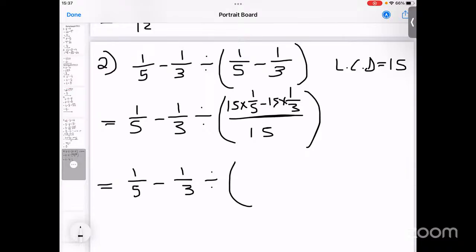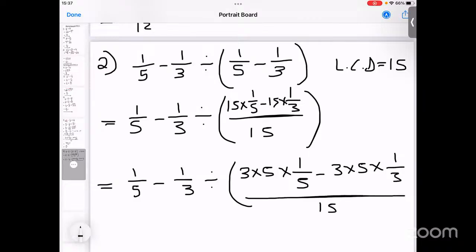Definitely, that 15, you can still write it as 3 times 5, whereby this is the same as that. And again, minusing, again, you can still do your 3 and 5 there, multiplying 1 over 3. Just remember that the whole of that is divided by 15.